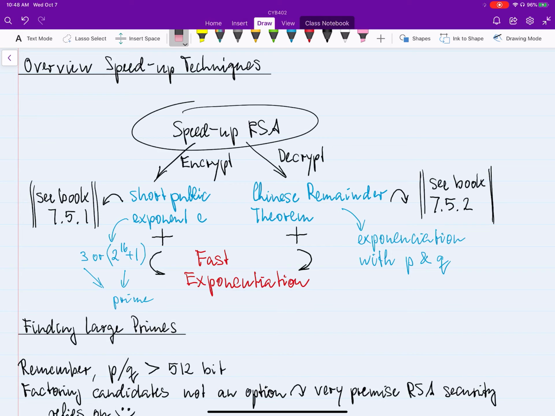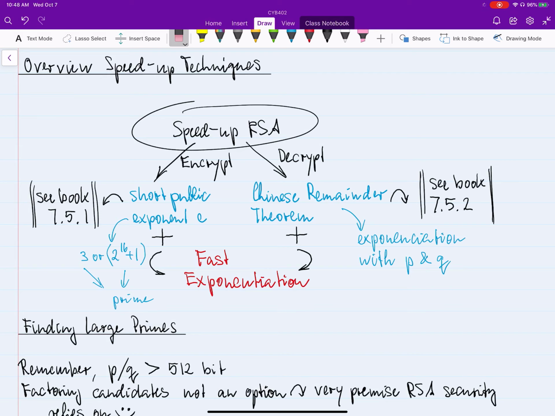But still, we have exponentiation here as well. The exponentiation still needs to be done with two relatively large numbers. It's just that they are considerably smaller than the original number, which is d.